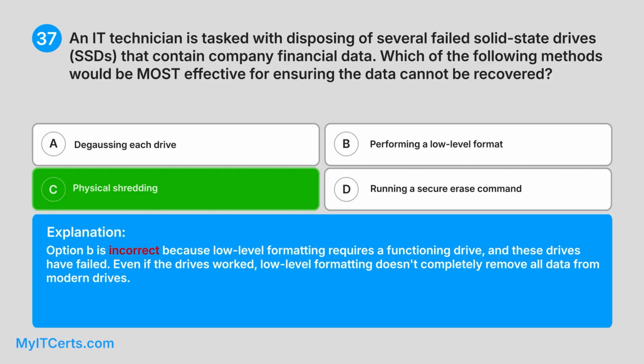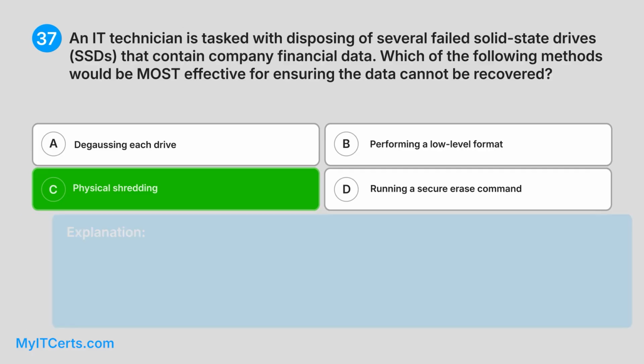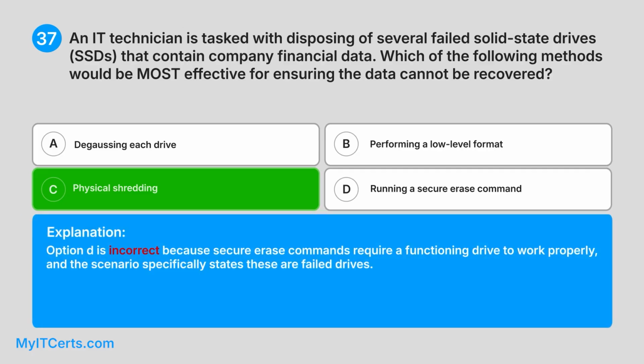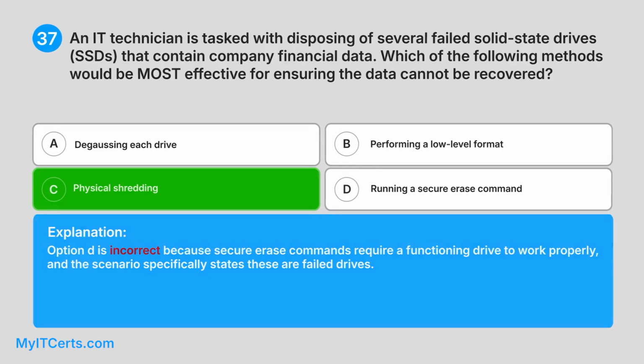Even if the drives worked, low-level formatting doesn't completely remove all data from modern drives. Option D, running a secure erase command, is incorrect because secure erase commands require a functioning drive to work properly, and the scenario specifically states these are failed drives.